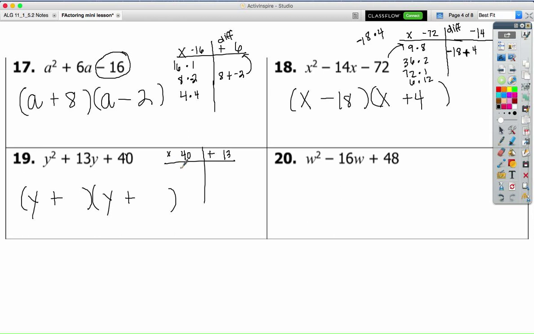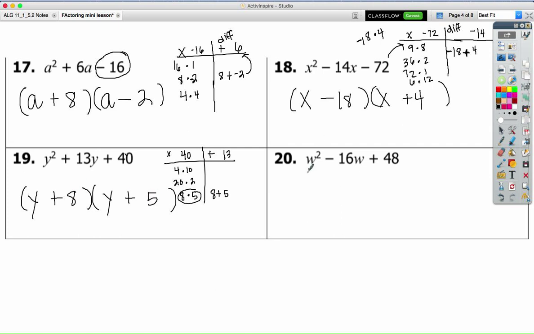So I've got 4 and 10, 20 and 2. Then we've got other combinations, 8 and 5. So I think that we have found the one that also adds up to 13, because 8 plus 5 is also 13. So our factors are y plus 8 and y plus 5.